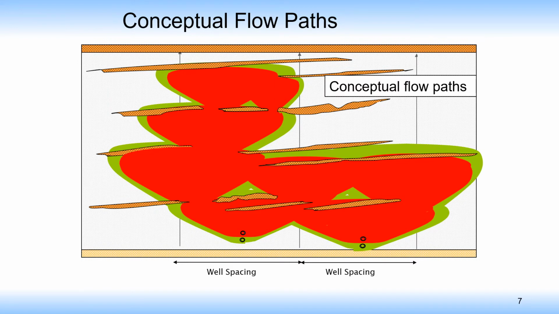So we have conceptual flow paths. This is just a schematic diagram to illustrate that you'd have adjacent well pairs and that the steam flows convex, and then we do get some heating, hot plates with conductive heating throughout. So this has been well known for many years.